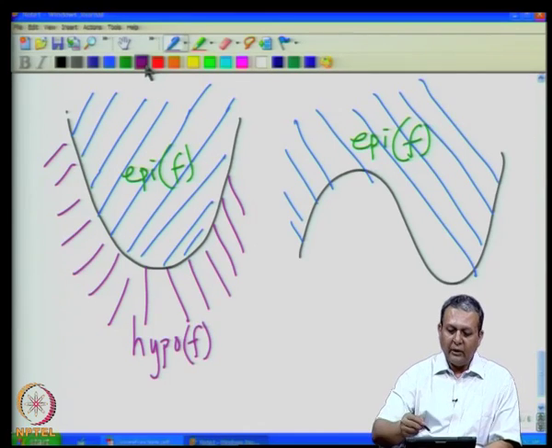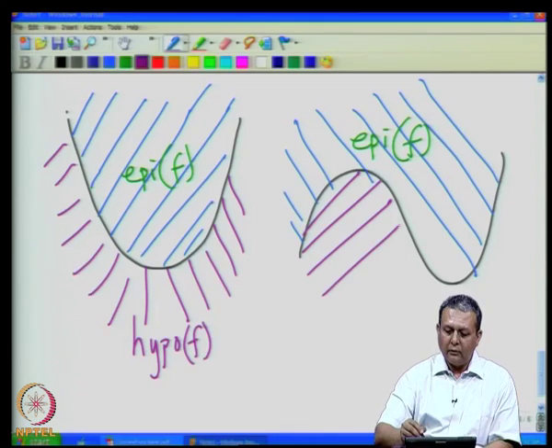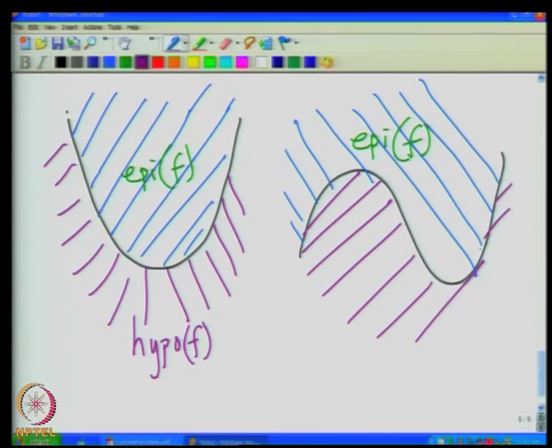Similarly, here we can draw the hypograph to be like this. So, this is a hypograph of the function. The points which are on or above the function constitute the epigraph of the function, and the points which are on or below the function constitute the hypograph of a function.